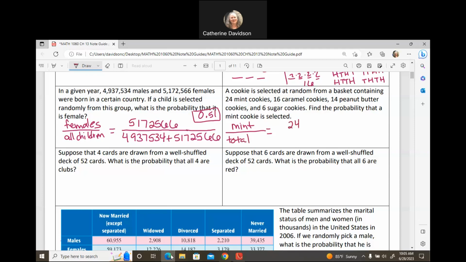All right, so there's 24 mint. Then we need the total of all the other cookies. 14 plus 6. And you're more than welcome to add all the total up by itself first and then put it under 24. Just whatever works best for you. Okay.